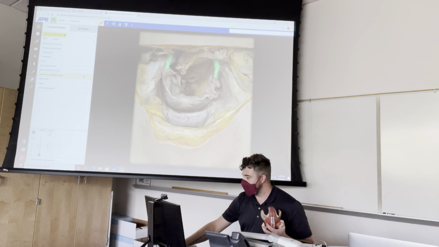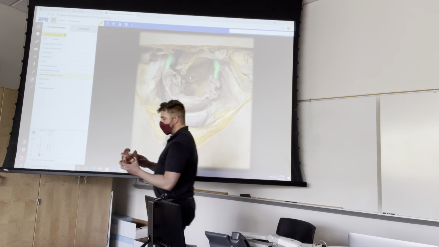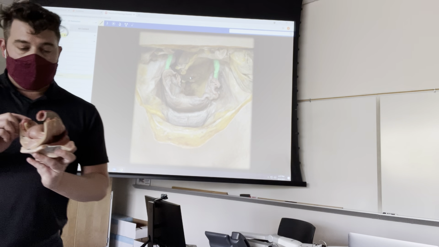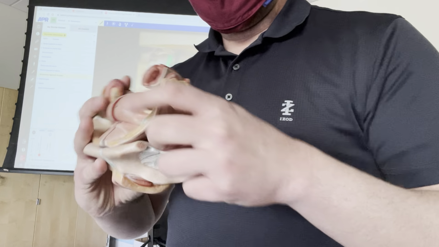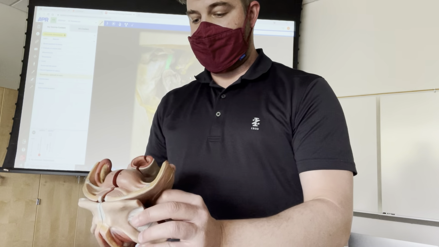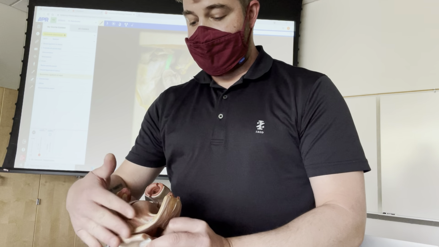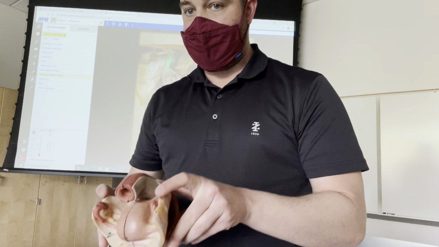The suspensory ligament right here is the most superior one. If you're looking at these models, it's behind. With these models, this is the pubis, so this is the front. Here's the rectum in the back, so this is anterior and posterior. The suspensory ligament will be the most posterior.